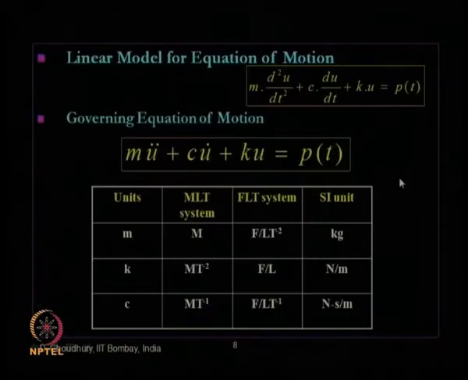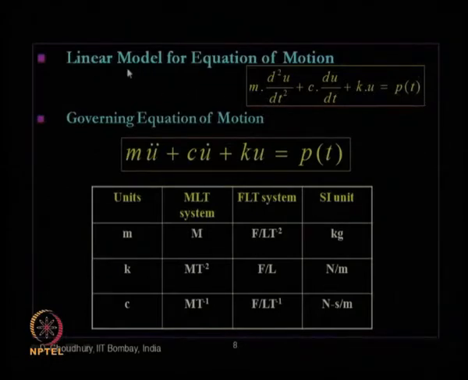So, if we consider a linear model for the equation of motion, we have seen that mass times acceleration is the inertia force, damping constant times velocity is the damper force, and spring constant times displacement is the spring force, which will be equal to the externally applied dynamic load P of t.